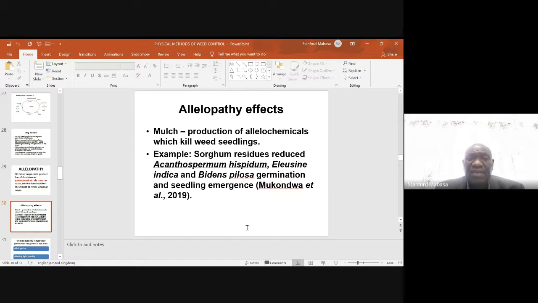So mulch can produce chemicals which kill weed seedlings. Examples are sorghum residues, which can kill Acanthospermum hispidum, Leucine indica, or Bidens pilosa.